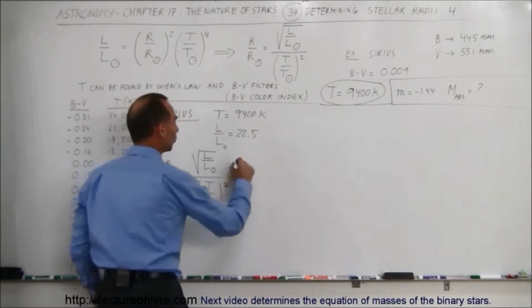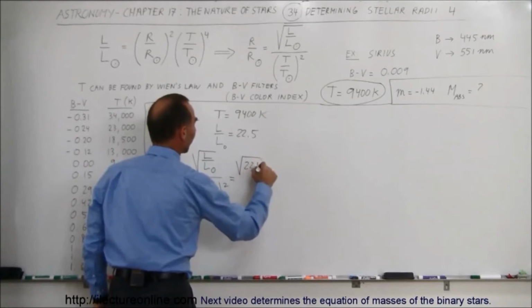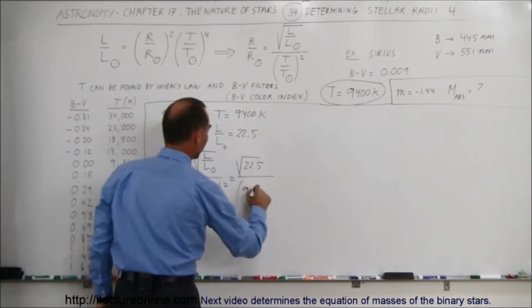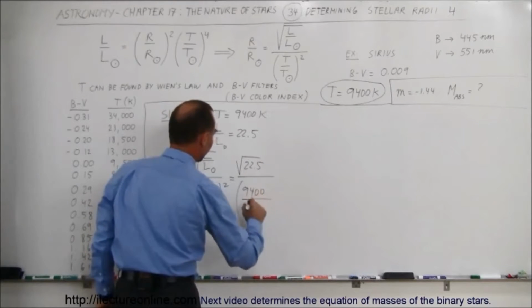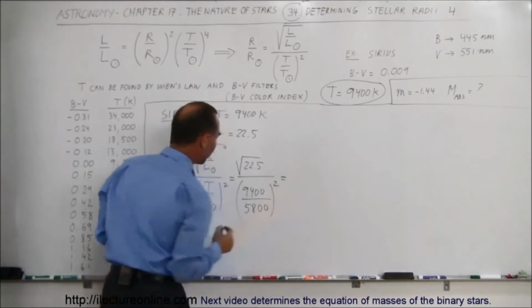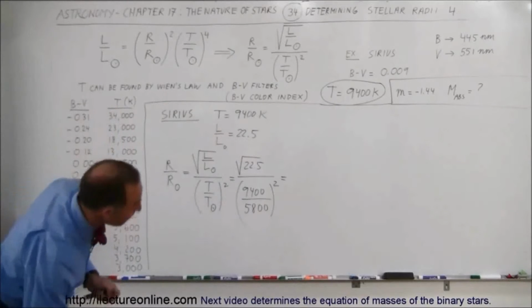So in this case, it would be the square root of 22.5 divided by the quantity 9,400, which is the surface temperature of Sirius, divided by 5,800, the surface temperature of the Sun, quantity squared, and let's see what we get.